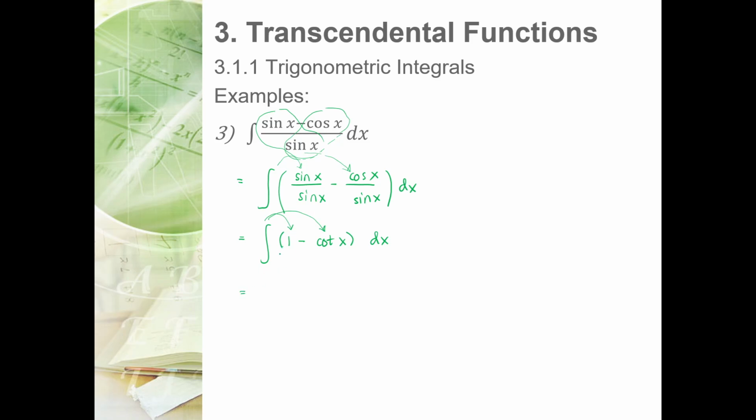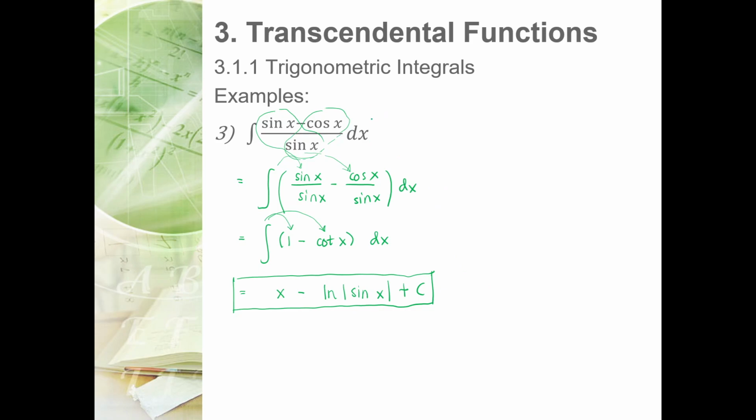The integral of a constant is x. So this gives me x. And then the integral of cotangent x, coming from number 1, is minus ln sine x plus c. All right, so that's number 3.